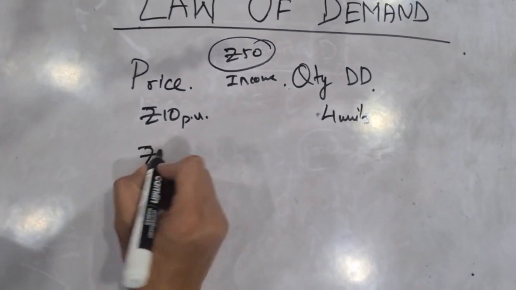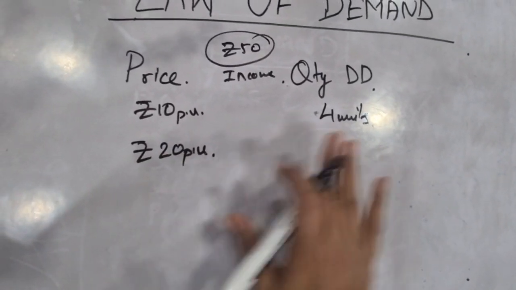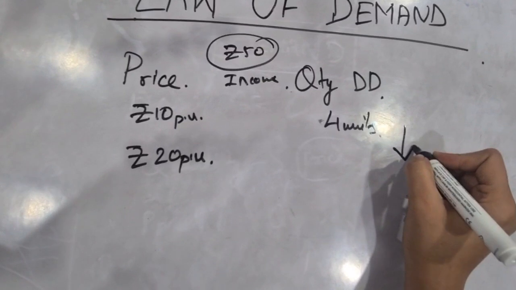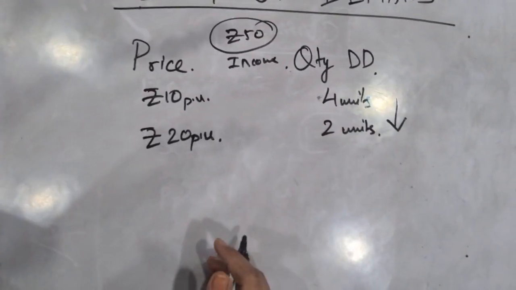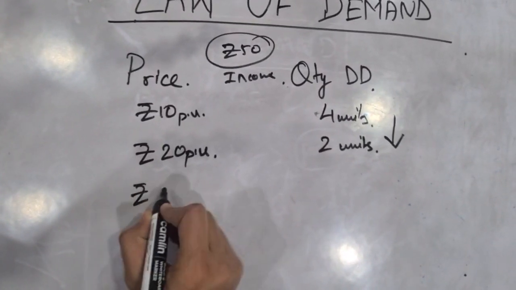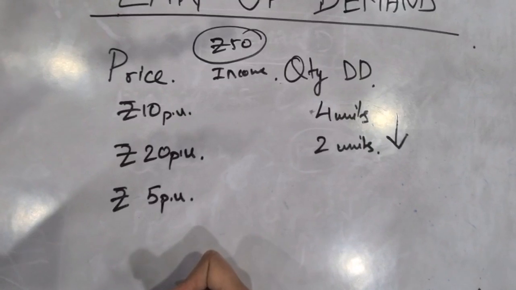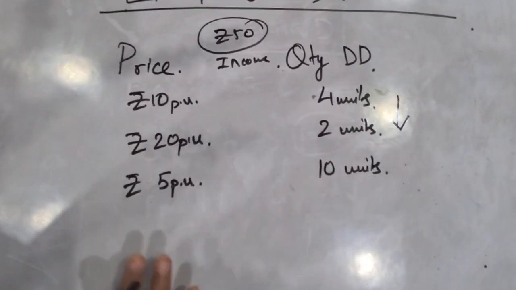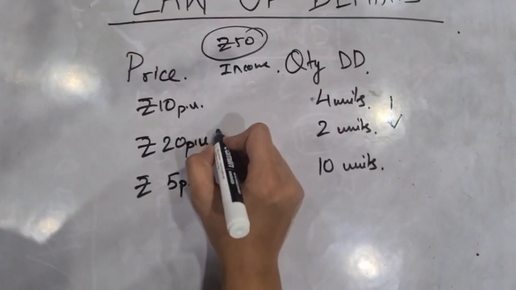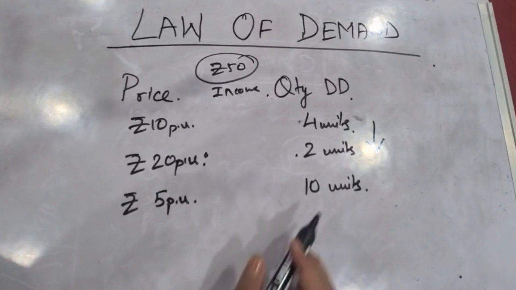Now if the price goes to rupees 20 per unit, what will you do? Your quantity demanded will fall. You will buy only 2 units. Now if the price falls to rupees 5 per unit, what will you do? You can buy up to 10 units. So by this you understood, if the price increases, the demand falls, and if the price decreases, demand increases.